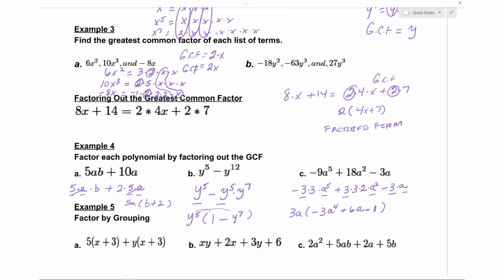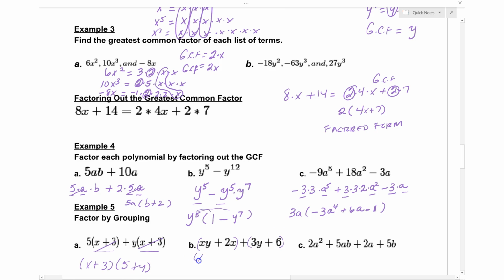Example 5, we're going to factor by grouping, and you notice that they have x plus 3 in common because that's the greatest common factor. So that's factored out. So we're left with 5 plus y. We're going to factor this by grouping.